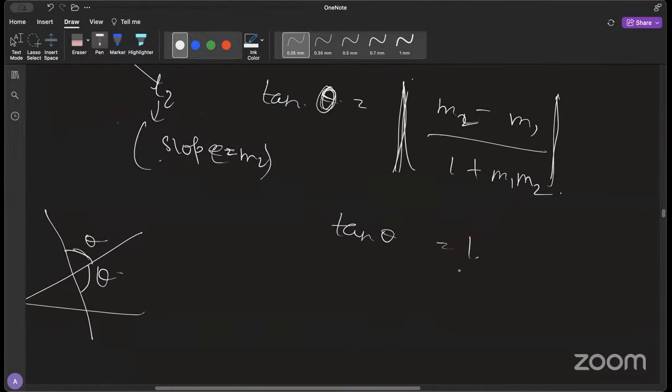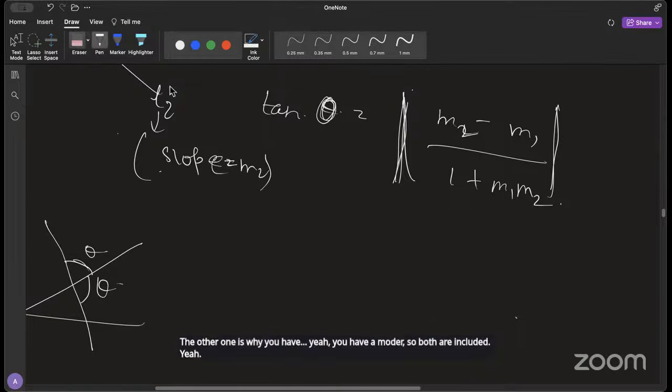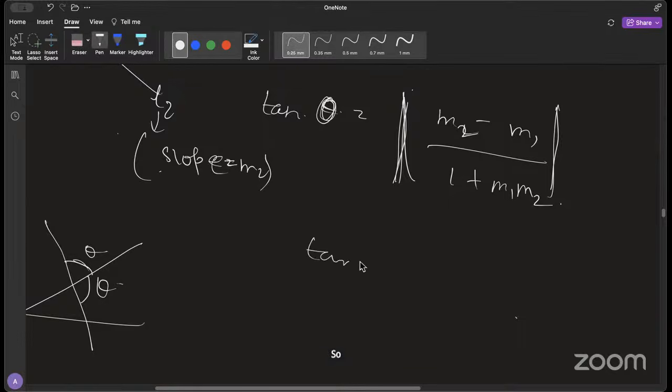So you'll have tan inverse of this. Because you have a mod here, both plus or minus are included. So this is tan theta, and when you solve this entire thing, let's say you get 1.